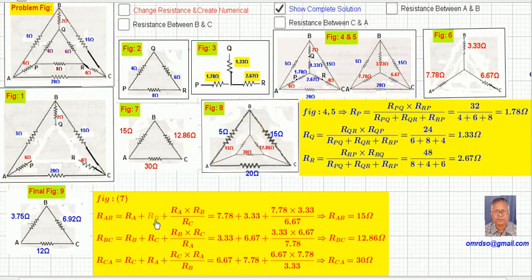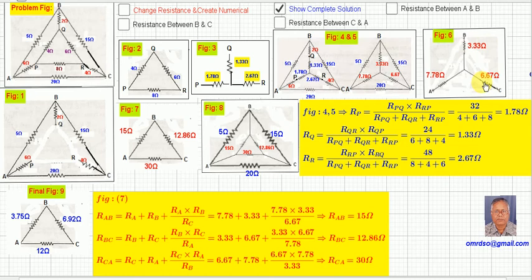For figure 7, how RAB was found, how RBC was found, how RCA was found, we have shown here, right. And this figure 7 has been created from figure number 6. RA is 7.78, 3.33 ohm is RB, and 6.67 is RC.